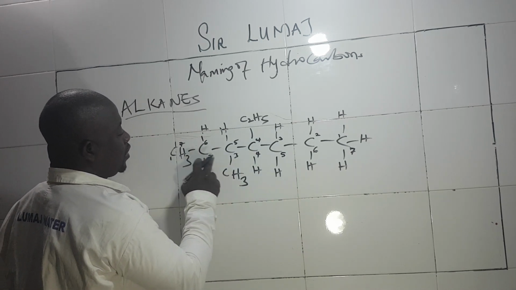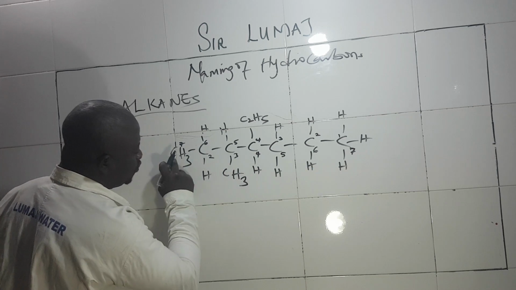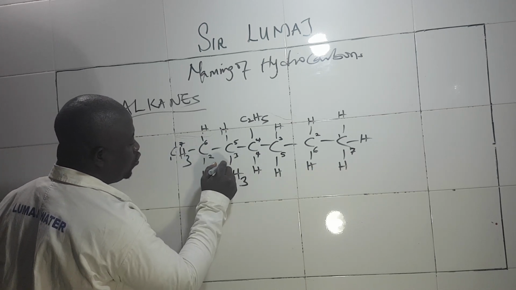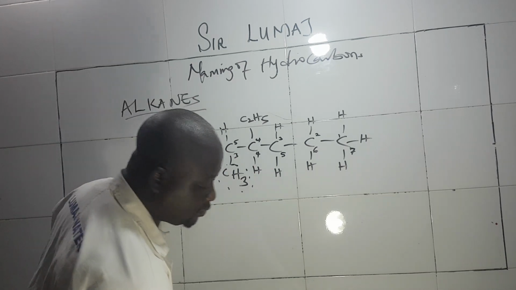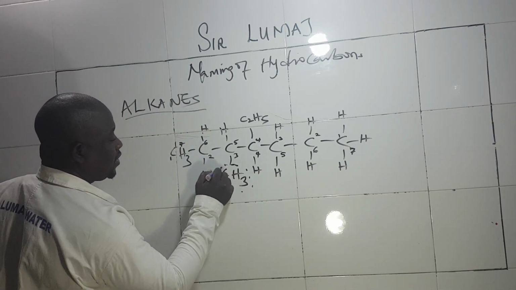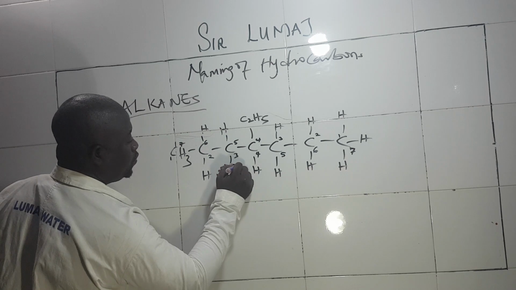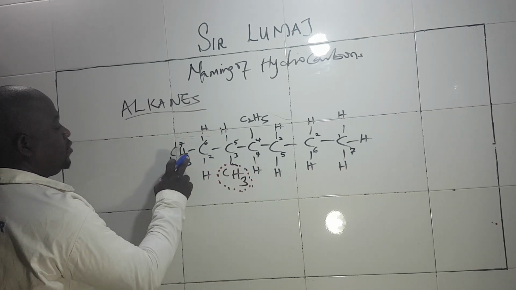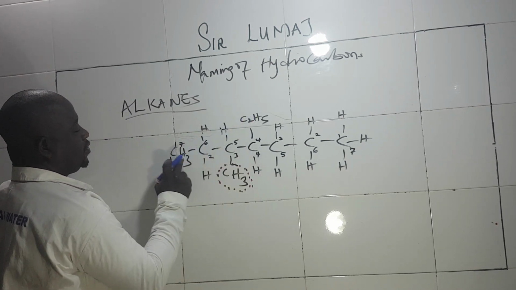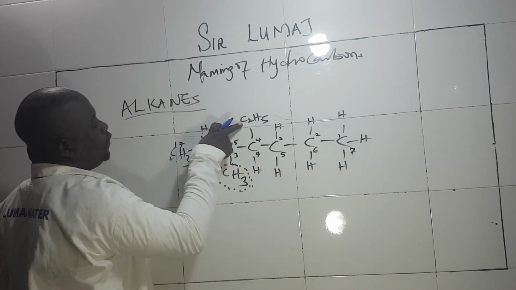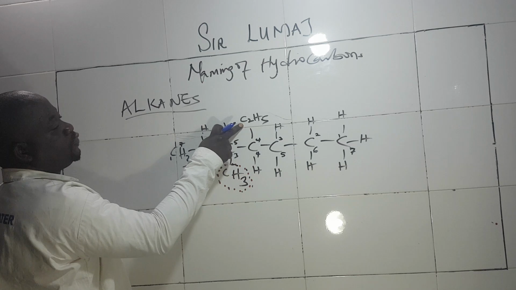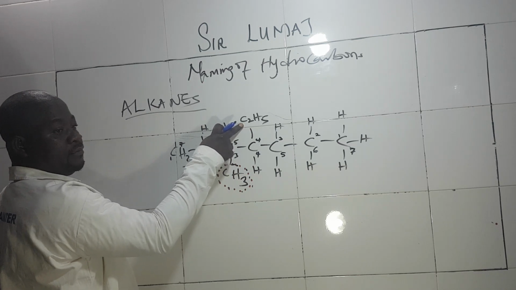So we cannot count this way. Since we cannot count this way, this one will be an attached group. If you count to this branch chain, this is 1, 2, 3, 4, 5, 6, because you have 2 carbon atoms here.